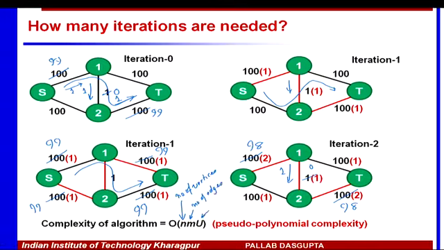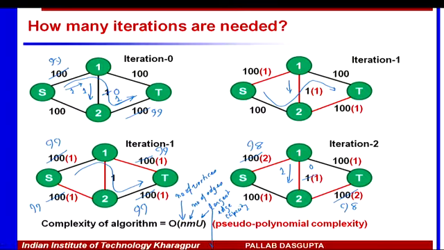What is this u? U is the largest edge capacity. In this case, 100.